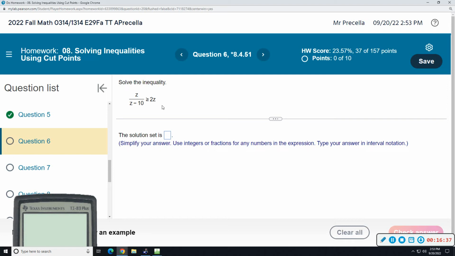Oh, this one looks sort of messy. Yeah. Number 6 is a messy one. And to make matters worse, we have a z. Hopefully when you do it, it'll be a different variable, but that's not a 22 there on the right. That's a 2z. z divided by the binomial z minus 10 is greater than or equal to 2z.